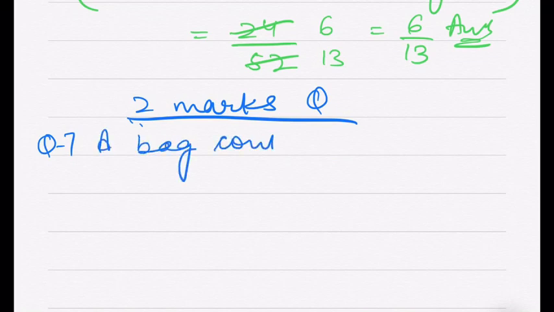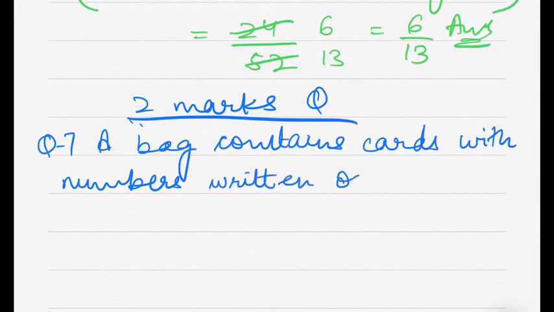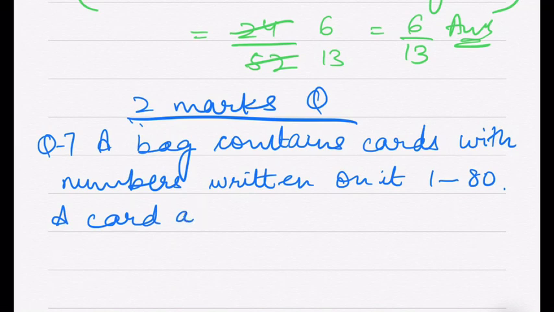So 7th question of this test has a bag contains cards with numbers written on it. The numbers written on it are 1 to 80.